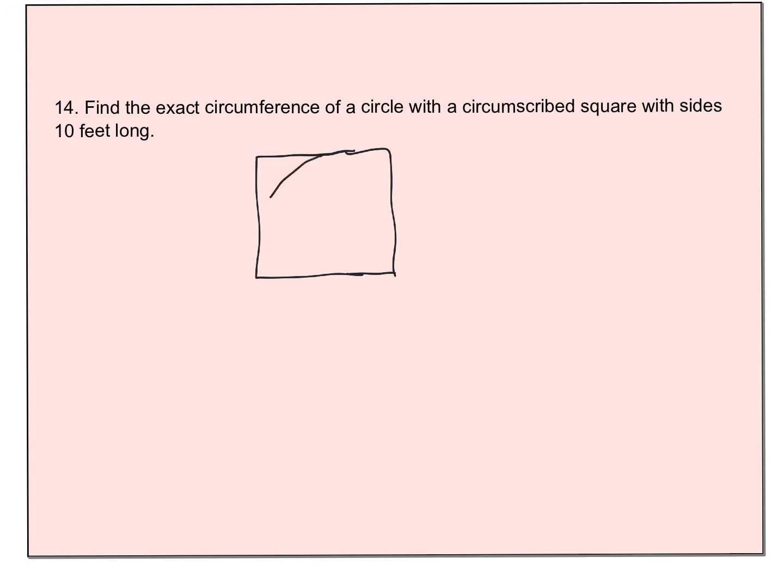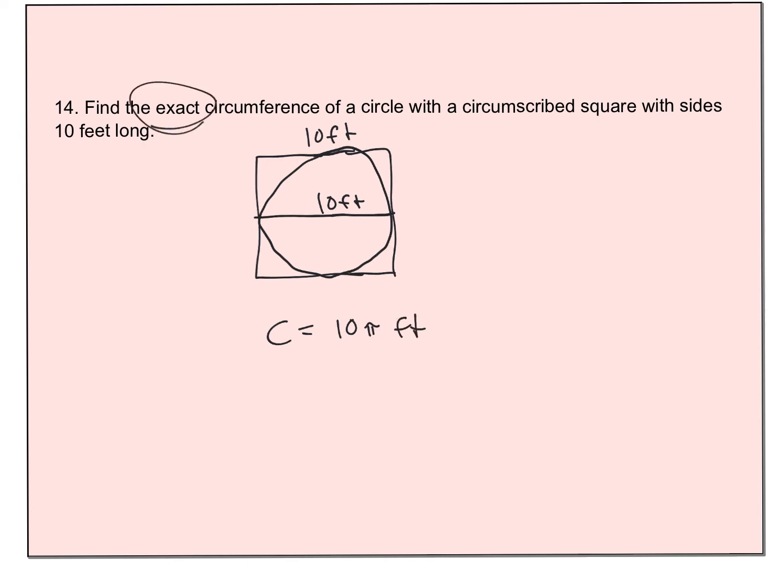Then we have a circle inside. Each side is 10 feet. Okay, so that means that my diameter is going to be 10 feet. So my circumference is just going to be 10 pi feet. All right, they want the exact. Pretty straightforward. Okay, how did I know which one was which? Well, a circumscribed square tells me that the square is on the outside.